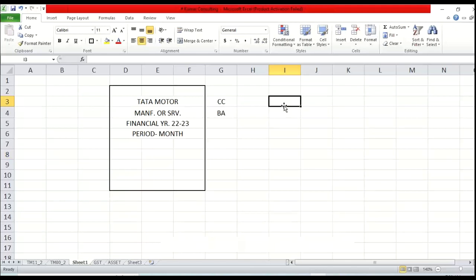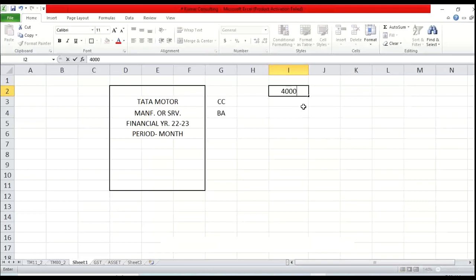Okay. So generally what happened when the users are posting a transaction? Let's suppose there is a transaction worth a particular amount. There is a transaction worth like 4,000. Now this is an invoice.